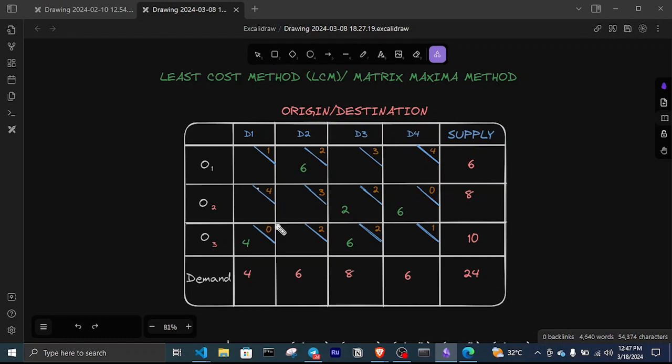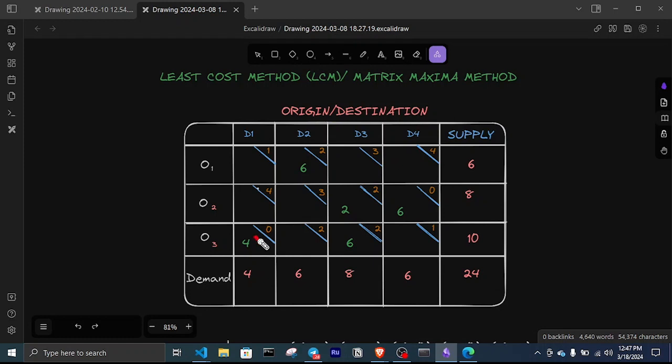At this unit cost of 0, the demand side has the value 4 and the supply side has the value 10. As we said, we select the lowest unit cost in the entire transportation table. So we selected 0. Now we allocate as much as possible to this cell.